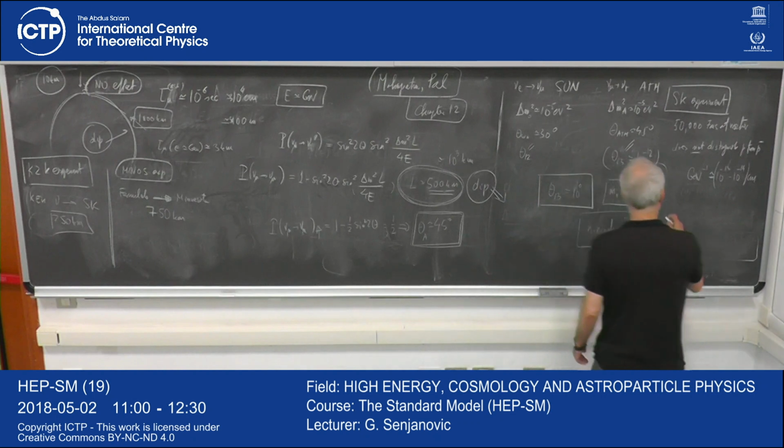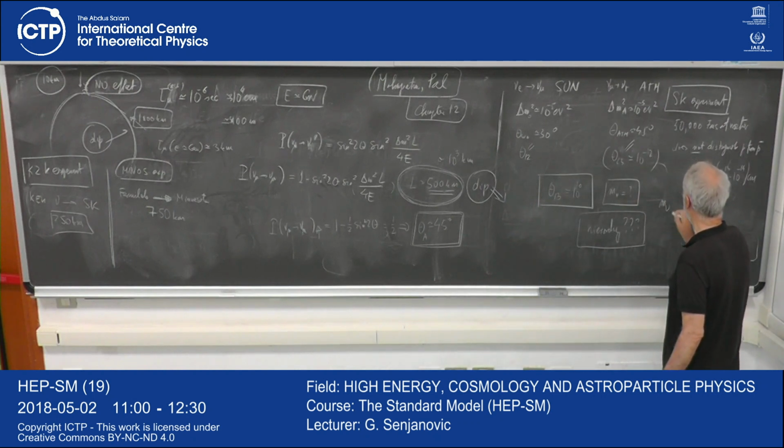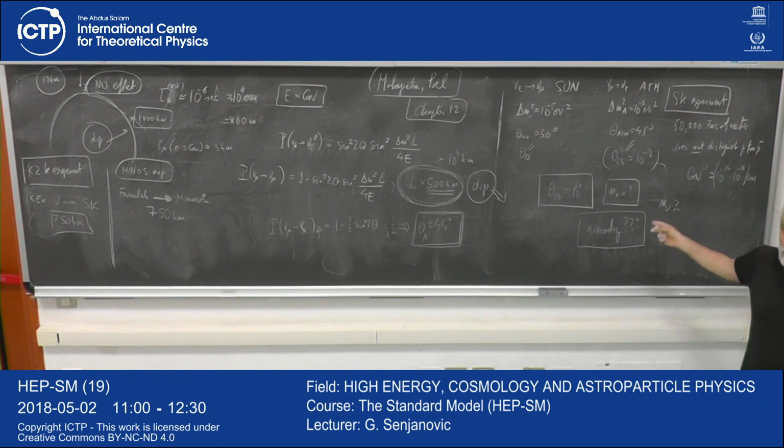What we know, tell me the lower limit of neutrino mass, whichever particle it is, one of them has to be bigger than what is written there. The square root of this.